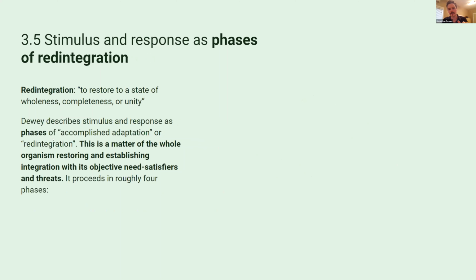This notion is used by Dewey when he's describing what stimulus and response really amount to. Stimulus and response on this picture are phases of this process of forming an integration with something that an organism has not yet formed an integration with. It tends to proceed in four phases or steps.